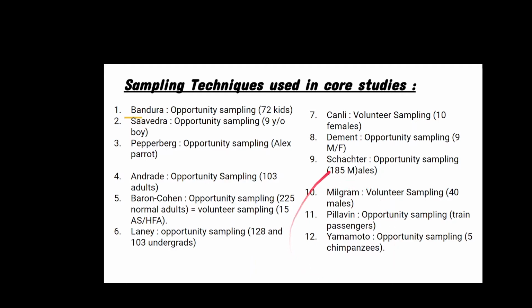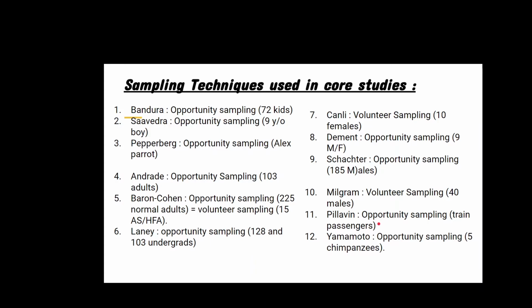In the social approach, which is our final approach as well, we first had Milgram, who employed volunteer sampling to select 14 males for his experiment. Then we had Piliavin, who used opportunity sampling, and because it was a field experiment, she simply used whoever was available on the trains at the time for the experiment.